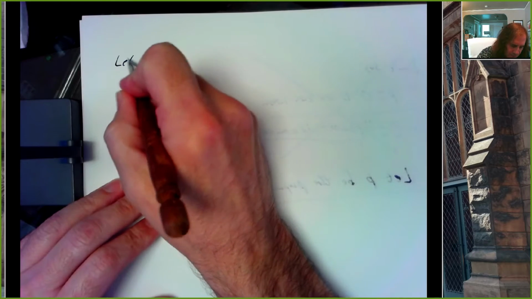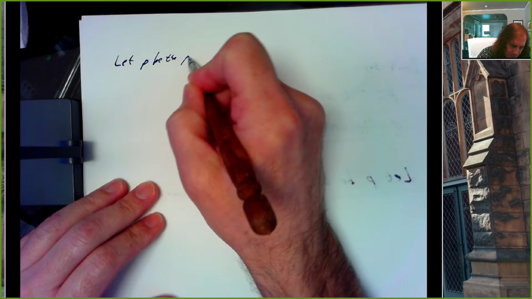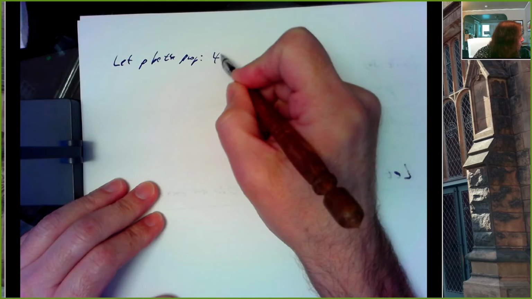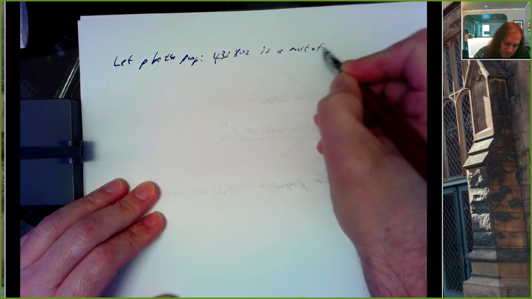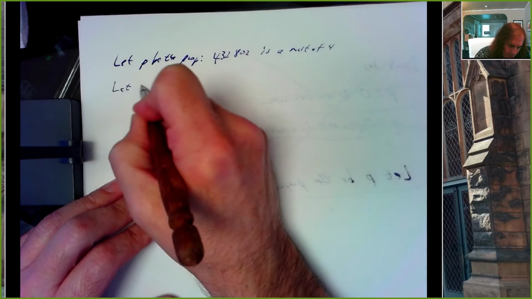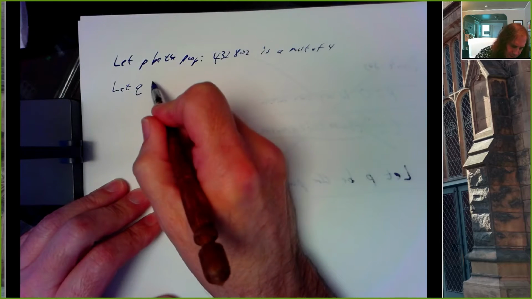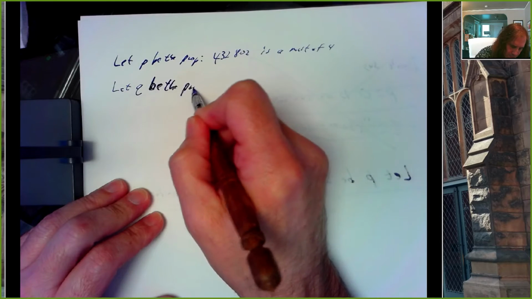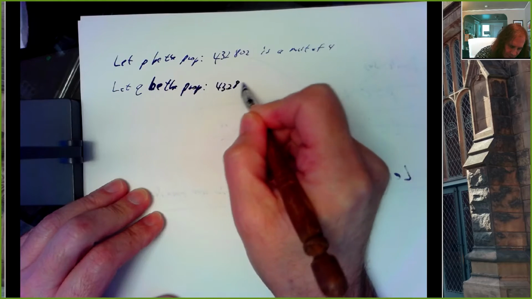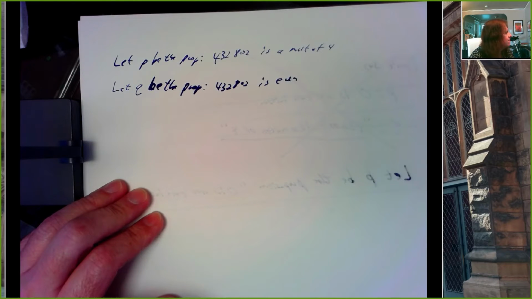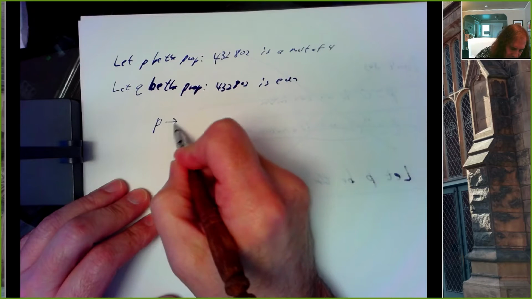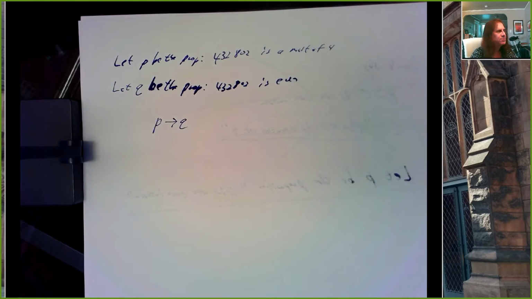So let P be the proposition 432,802 is a multiple of 4. Let Q be the proposition 432,802 is even. So that compound statement says if the first thing, then the second thing. That's what that statement looks like in the language of propositional logic. It's an if-then. So the first thing implies the second thing.